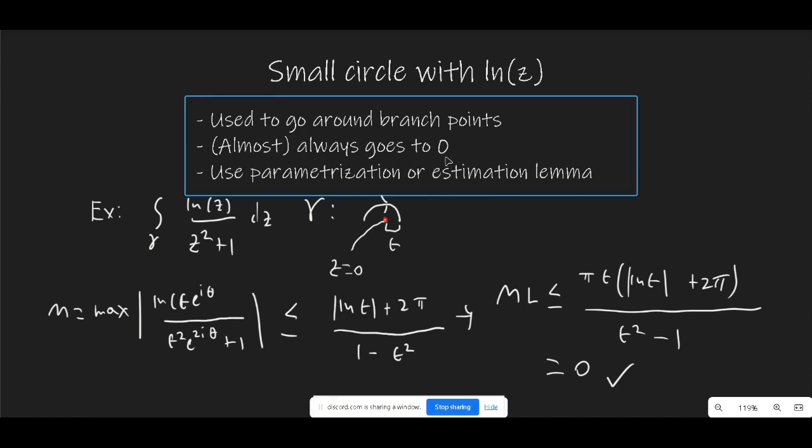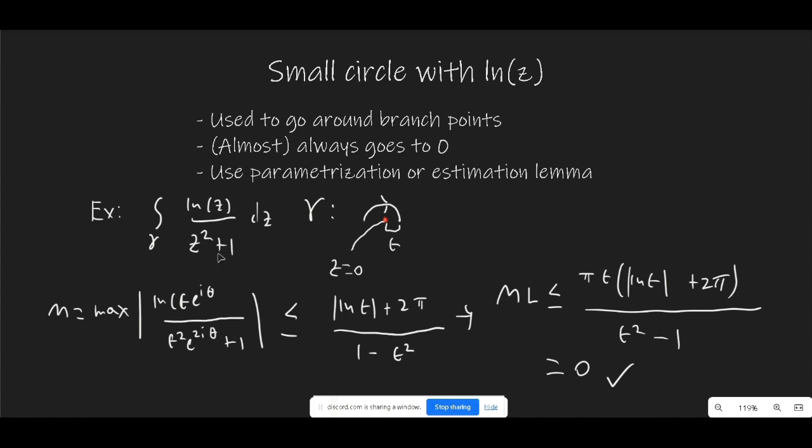Almost always these small circle integrals are going to go to 0, and you'll see why. The main way to do these is either parameterization or the estimation lemma. In this case, I'm using the estimation lemma because it's a little more familiar to us. We're going in a small circle in the counterclockwise direction around the point z equals 0, and we have ln z over z squared plus 1 dz.